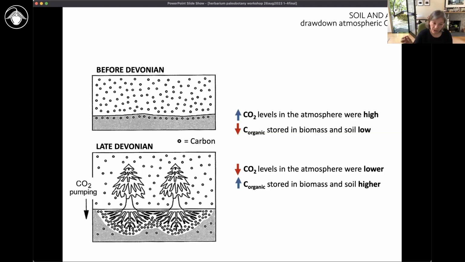But if you only store a little fraction of what a plant produces in the soil and wait for millions of years, it will pile up. So as a result, CO2 levels in the atmosphere gradually became lower and lower and lower, and organic carbon stored in the biomass in the trees and in the soil becomes higher. We call this time interval the birth of dirt.